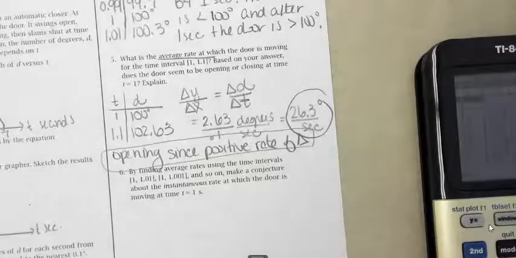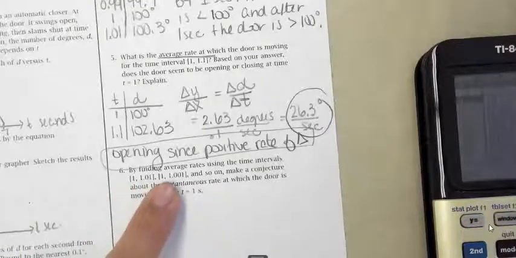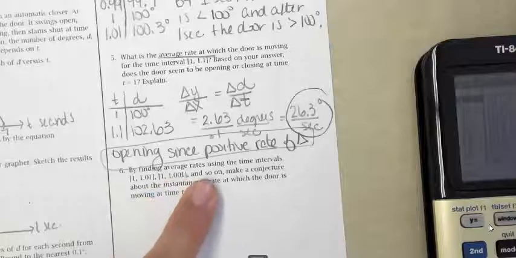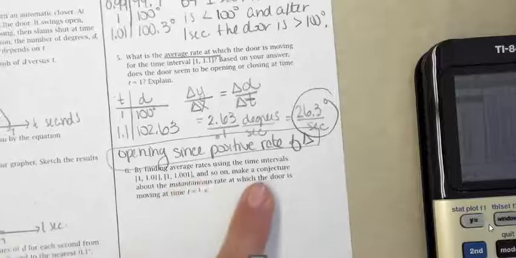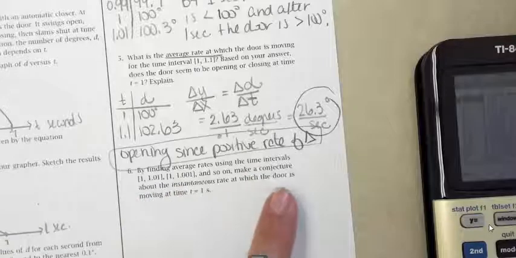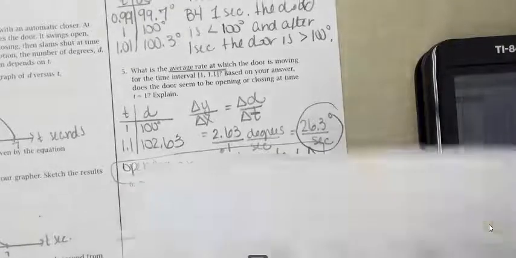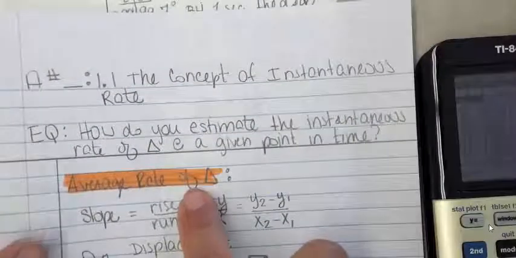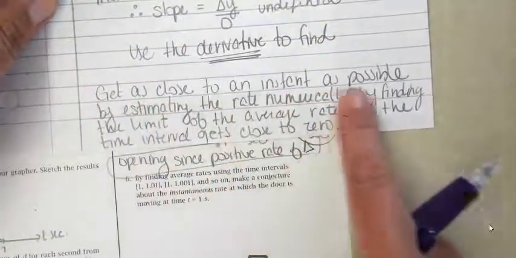Now, by finding average rates using time intervals 1 to 1.01, 1 to 1.001, and so on, maybe 1 to 1.0001, make a conjecture about the instantaneous rate at which the door is moving at time t equals 1. So this is saying you can use a bunch of average rates of change to help you estimate the instantaneous rate of change by getting as close to an instant as possible.